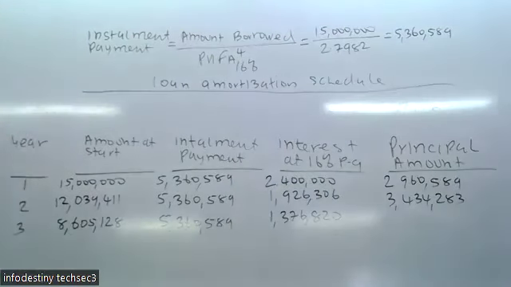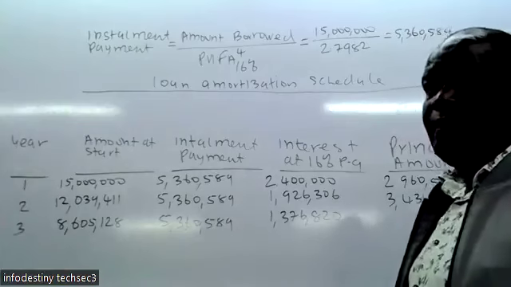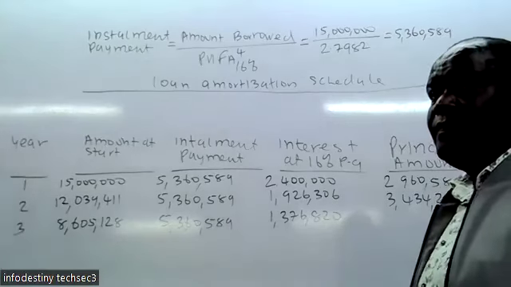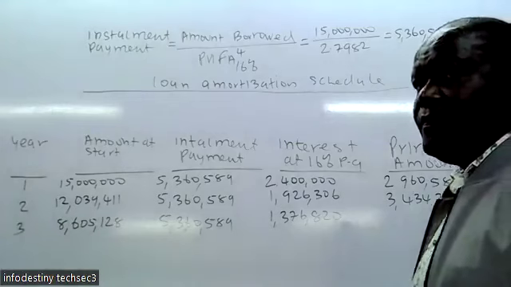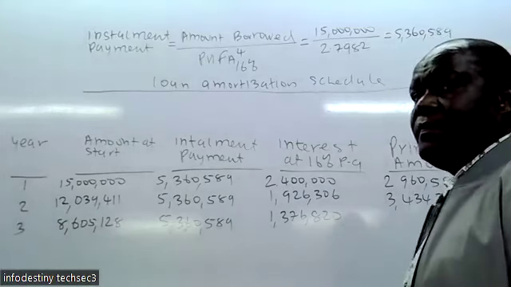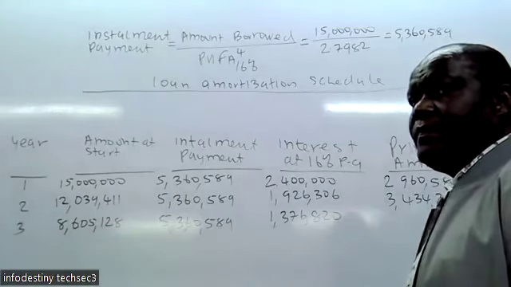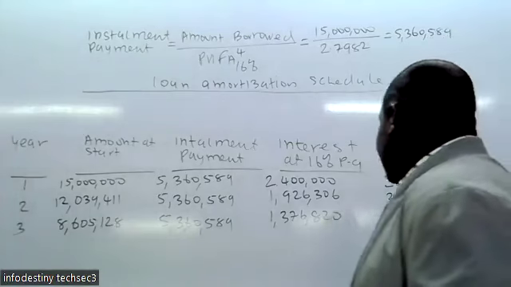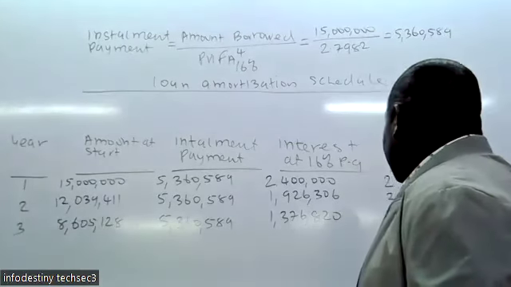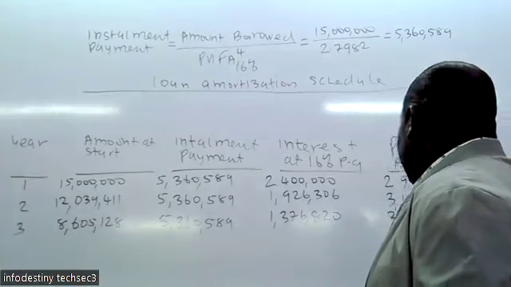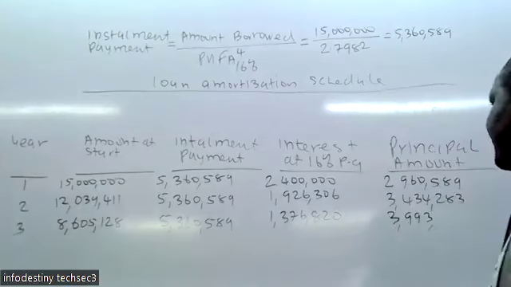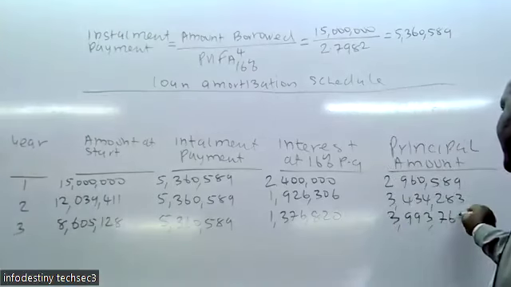Then what should be the principal amount? 993,769.